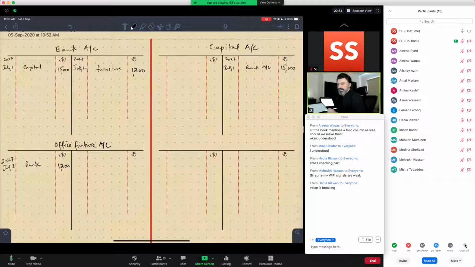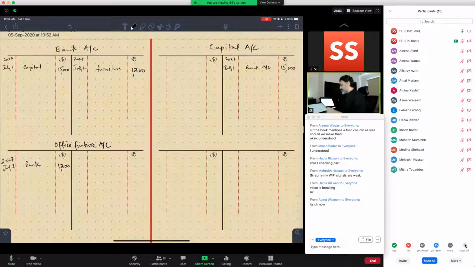Is it okay now or it's still breaking? It's okay now. Great. So debit the machinery account and credit Trees Limited account. That is the next transaction that you must have already placed there in your journal. Debit machinery account and credit Trees Limited account, right?